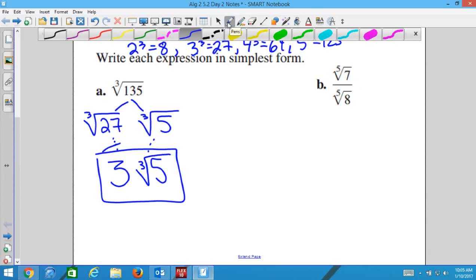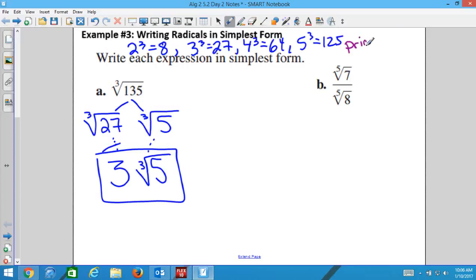So my other option would be to take everything down to primes, to powers, the thing that we did a few days ago. We're going to take all the numbers under the radicals and write them as primes to a power. So 7, is that a prime number? Yes.